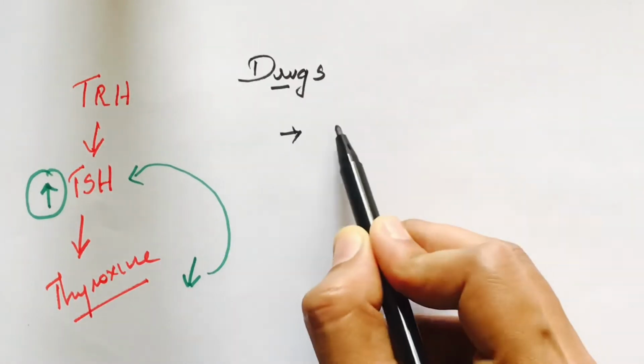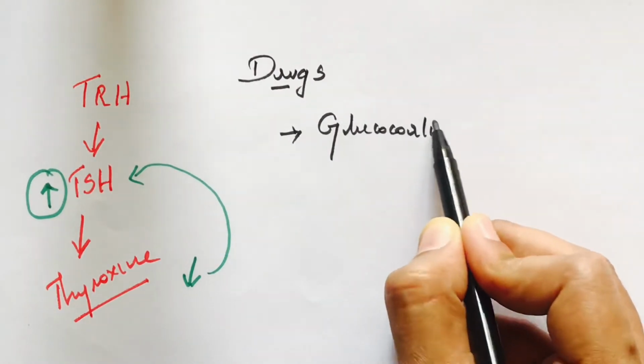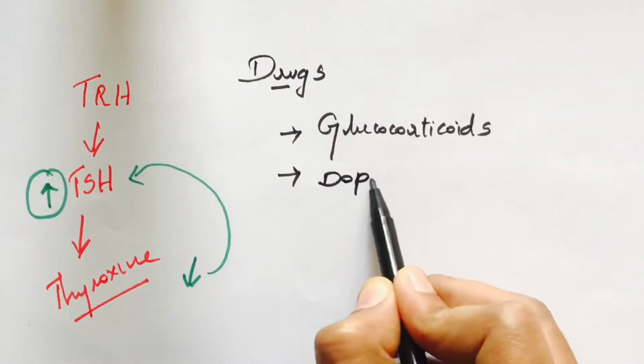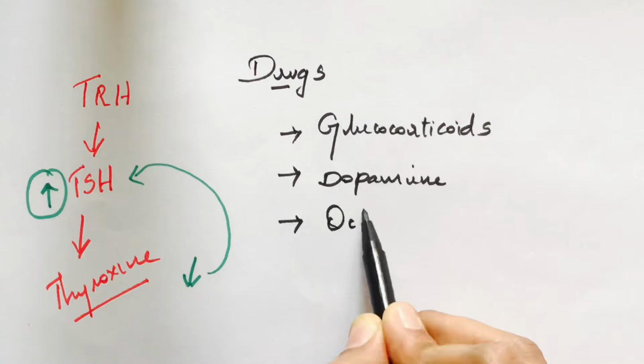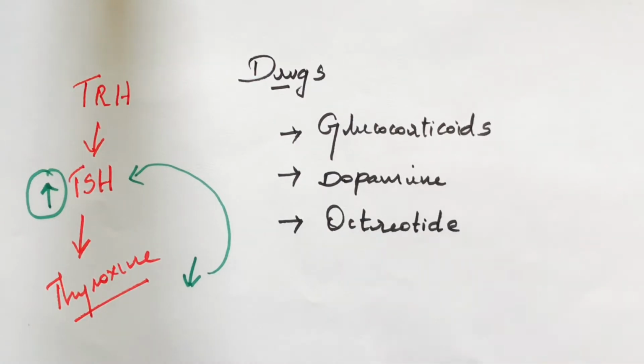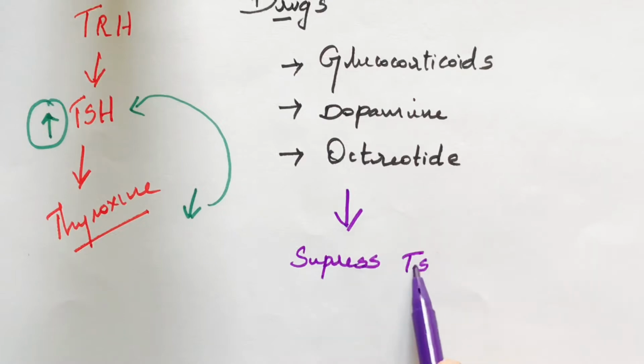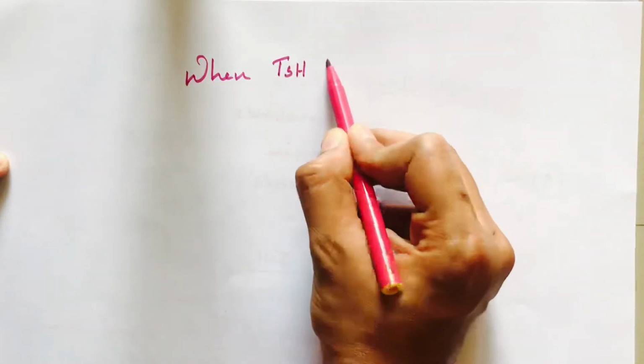Drugs like glucocorticoids, dopamine, octreotide act on the axis and suppress the thyroid stimulating hormone.